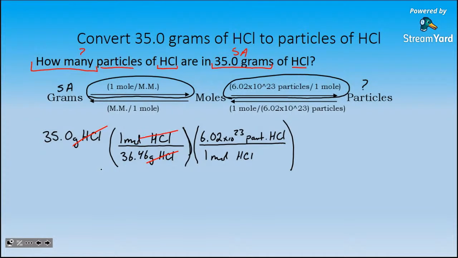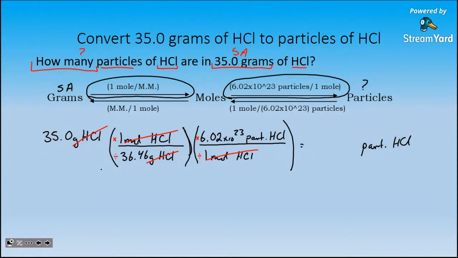And again, verify that the numerator cancels the denominator. And the only units I'm going to have remaining are those of particles of HCl, and then do the math. Multiply by your numerators, divide by your denominators.